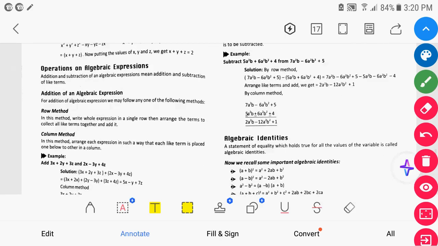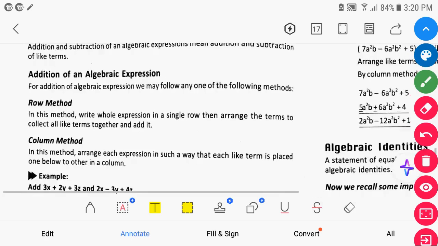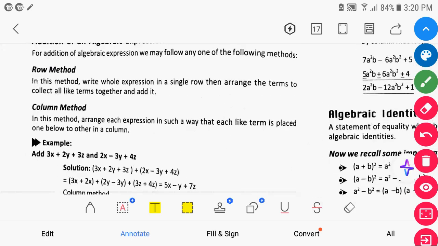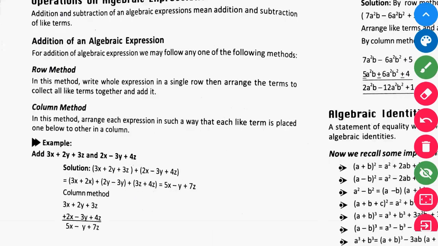Now operations on algebraic expressions: we add and subtract them. At that time we use two methods, either the row method or the column method. In the row method we write the expression in a single row and arrange the terms which have similar degree, collect them together, and then add or subtract them.